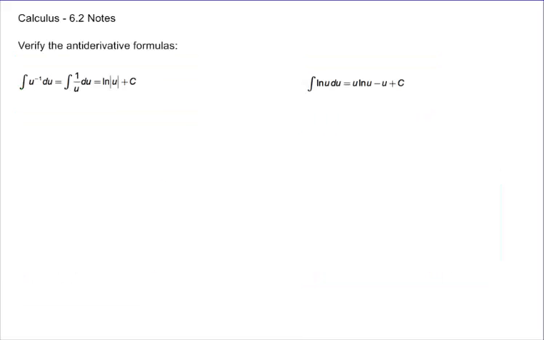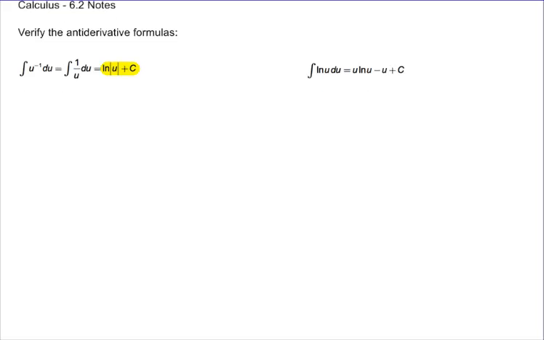Okay, so here we've got a couple of antiderivative formulas to look at, and the first one deals with the indefinite integral of u to the negative 1, which is the same thing as 1 over u. We want to show that this solution works, that this is a completely true statement.